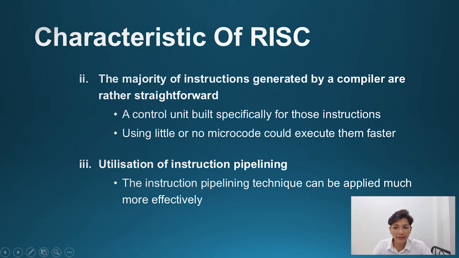And the last point relates to the utilization of instruction pipelining. RISC researchers feel that the instruction pipelining technique can be applied much more effectively with a reduced instruction set. We examine this point in some detail presently.